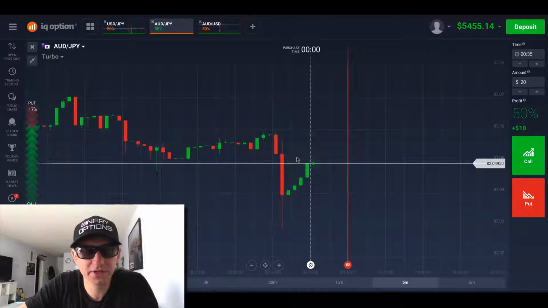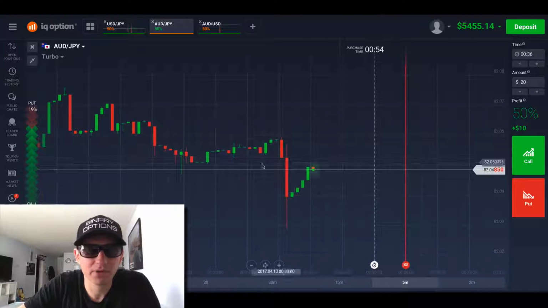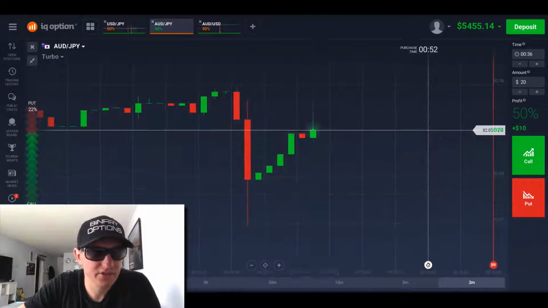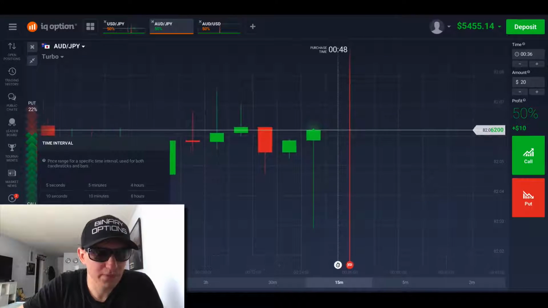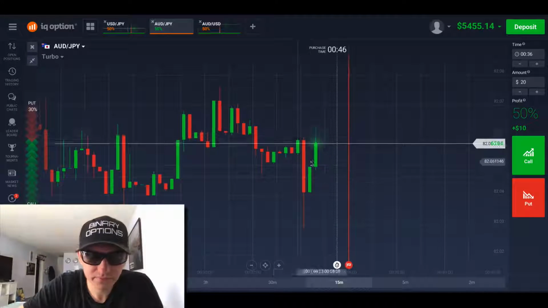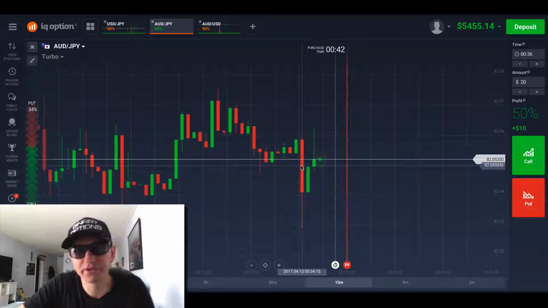For the newbies, I know that there are some people over there that don't know what those candlesticks mean. So basically, if I switch to the 1 minute interval, each of these candles shows the period of 1 minute.